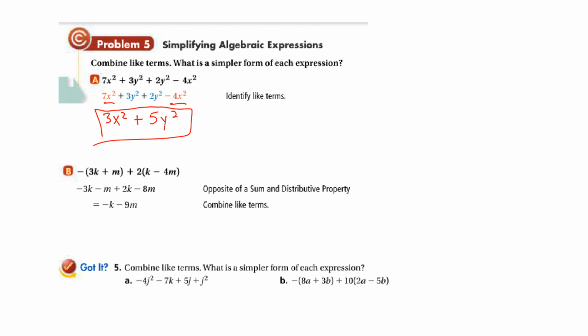Then I combine negative 3k plus 2k, which gives me negative k, and then negative m minus 8m, which gives me negative 9m. So I end up with the expression negative k minus 9m. Now I would like for you to do the Got It problem 5.